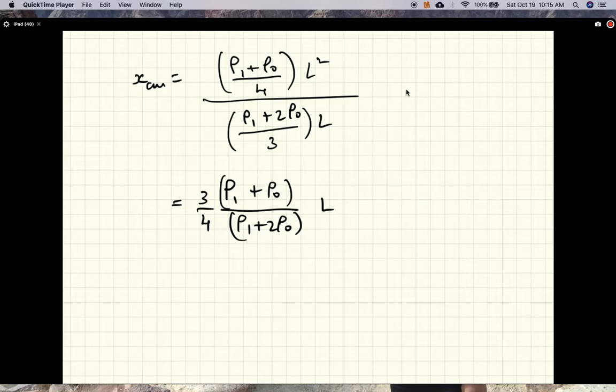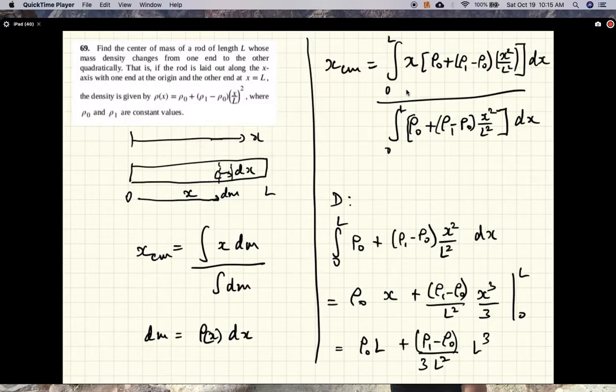Okay, so let's make sure that we got this right. Let's look at some limits. If rho 1 is equal to rho naught, then the density is uniform. And if the density is uniform, it doesn't depend on x, the center of mass should be right at the center. It should be L by 2.